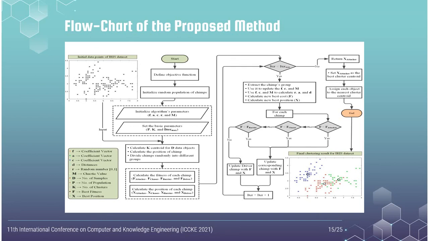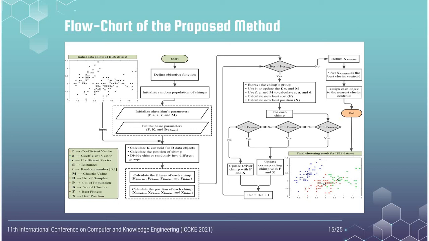After that, the chimp optimization algorithm compares the obtained fitness value with the previous fitness value and finds the best fitness value, which is the minimum, because as I mentioned previously, our objective function should be minimized, since minimum intra-cluster distance means better performance for us.